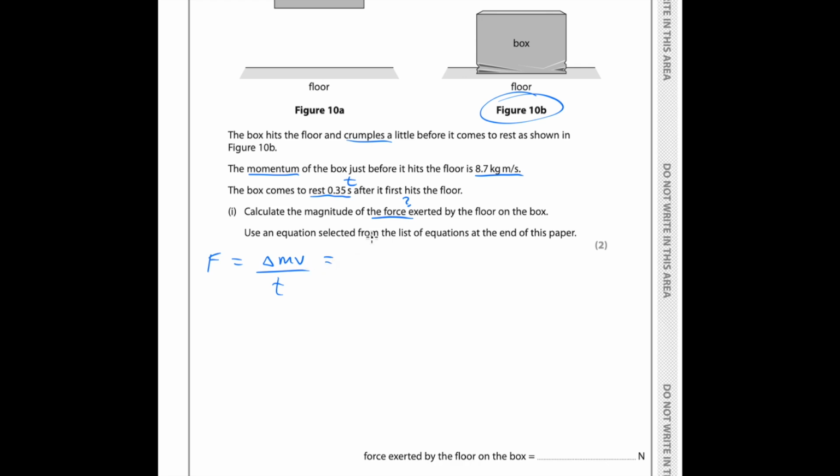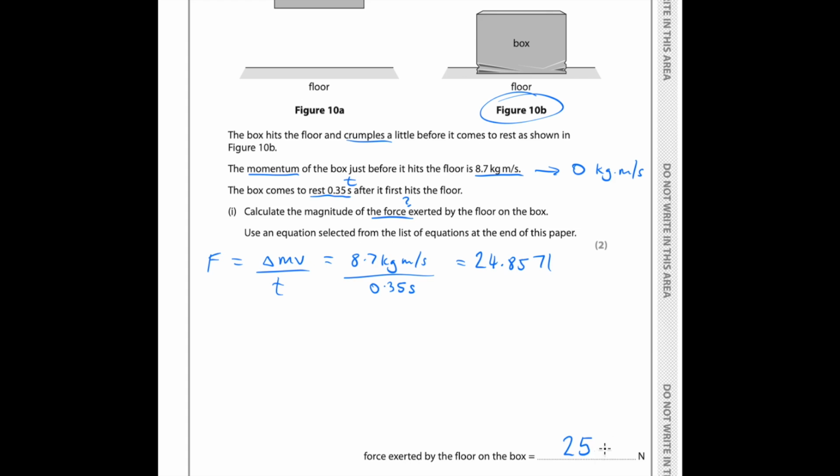Well, it had 8.7 kilograms meters per second, and then as it hits the floor, it goes to 0 kilograms meters per second. So it's changed by 8.7 kilograms meters per second, and it did that change in 0.35 seconds, and that comes out as 24.8571, and we'll round that up to 25.